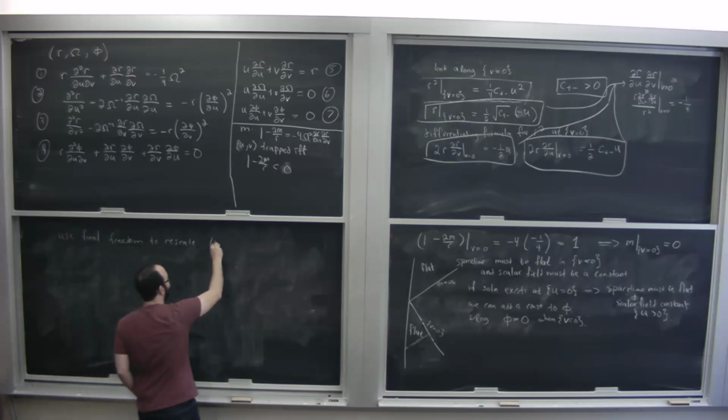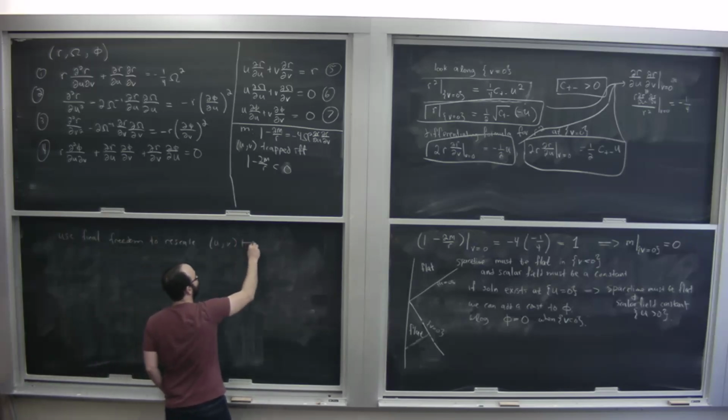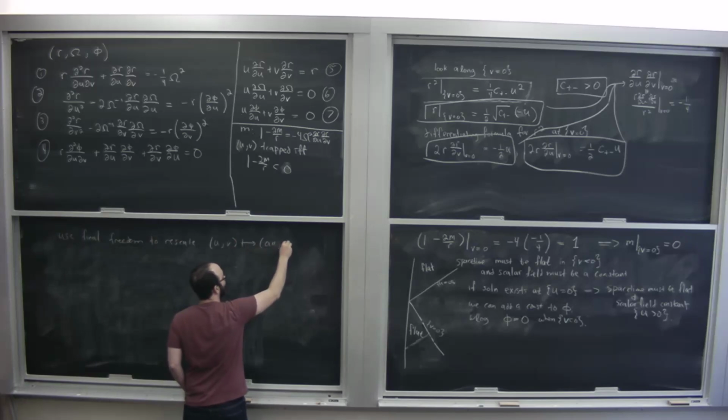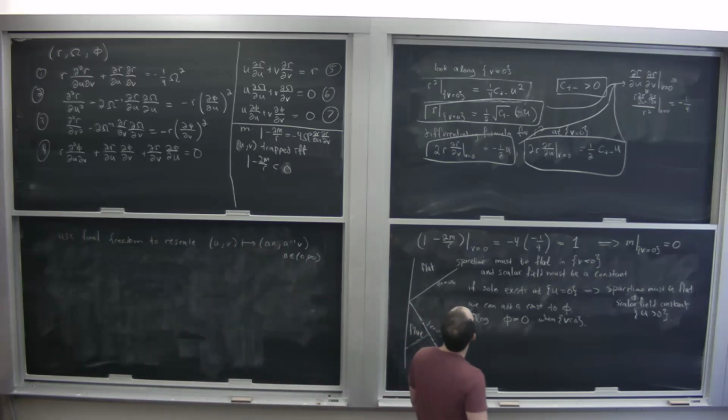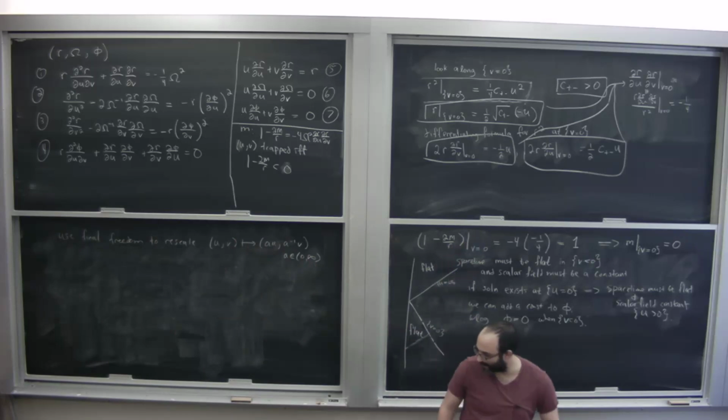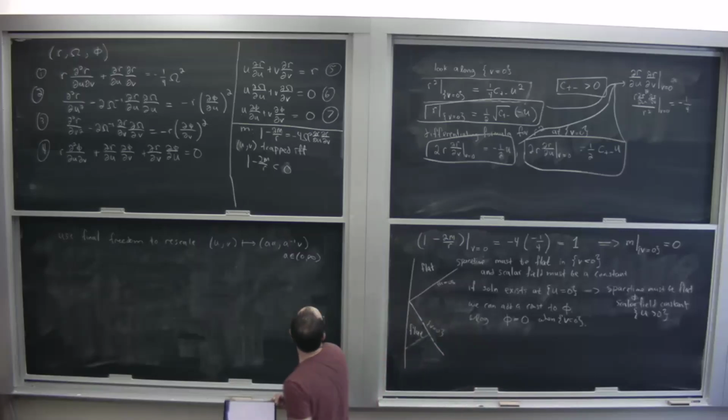So remember what we're allowed to do now is send U to A U, V to A inverse V, for some positive A. And I can use that to make that coefficient be 1 there.